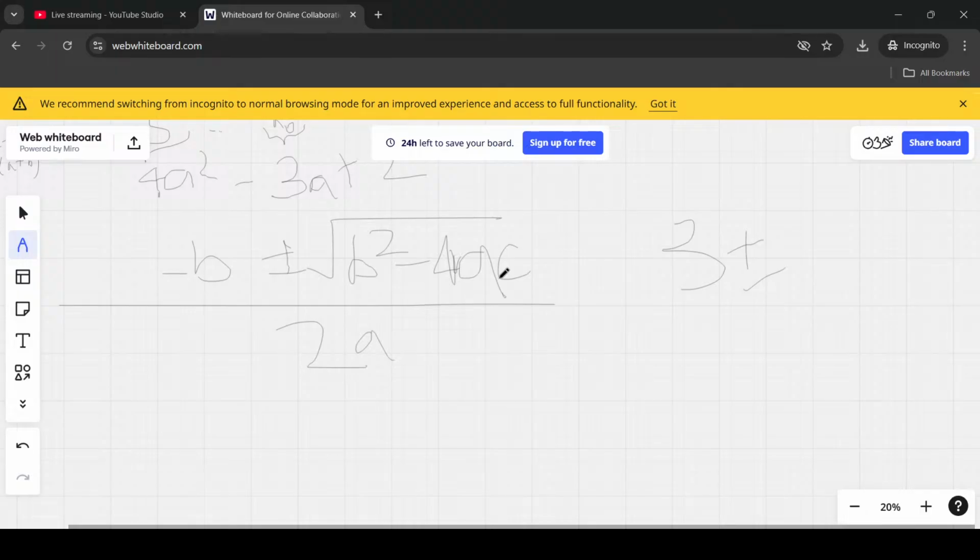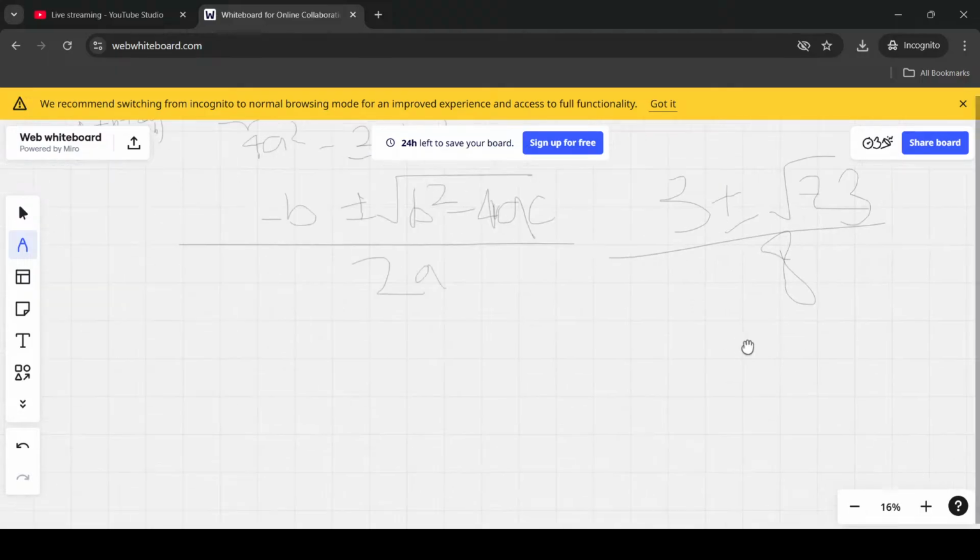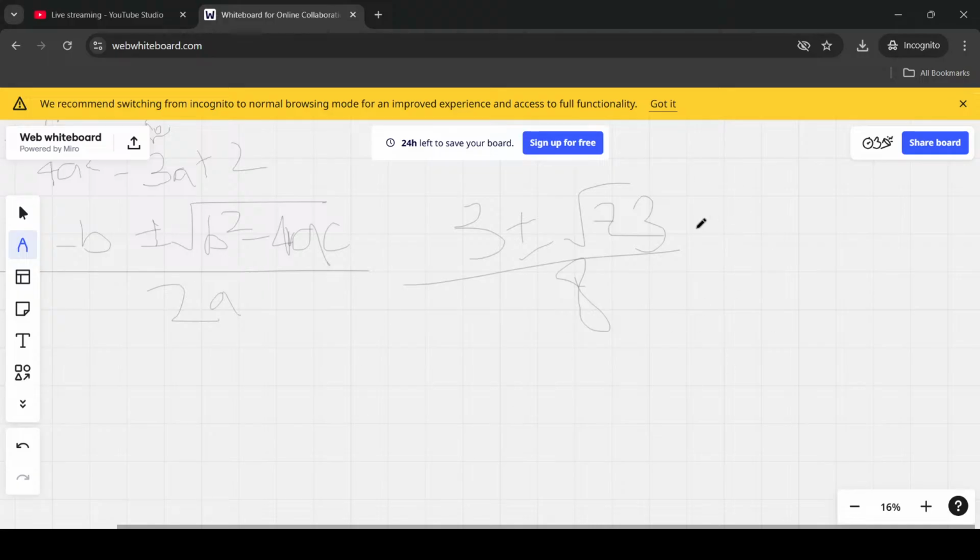So 16 into 2, 9 minus 32. So 9 minus 32 is a negative number, so the roots will be imaginary. On twice of a is 8. So the roots will be imaginary and hence you can find the zeros or roots.